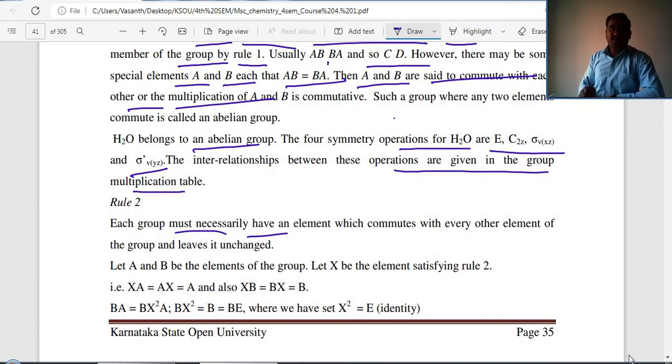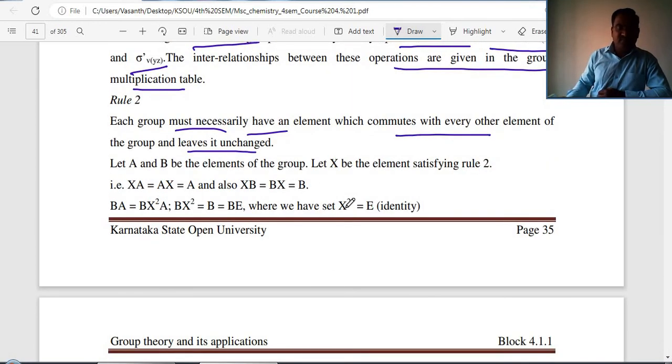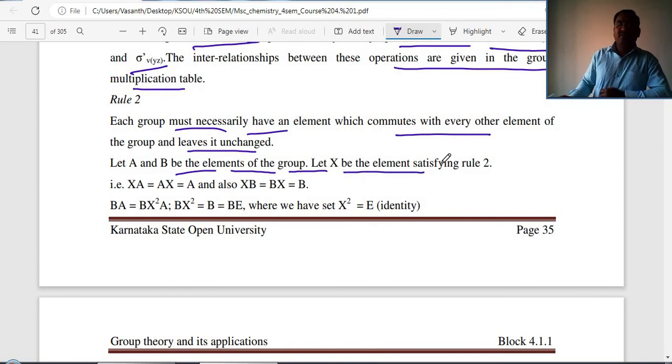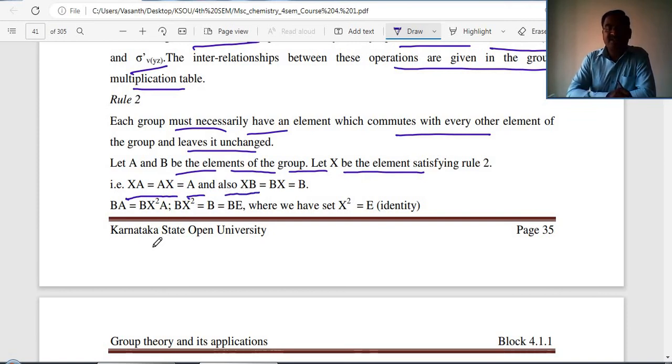Each group must necessarily have an element which commutes with every other element of the group and leaves it unchanged. Let the elements of the group be a and b, and let x be the element satisfying rule 2: xa is equal to ax is equal to a, and also xb is equal to bx is equal to b.